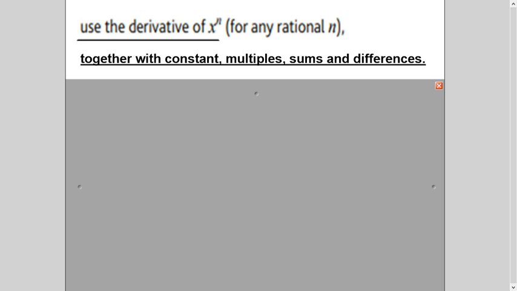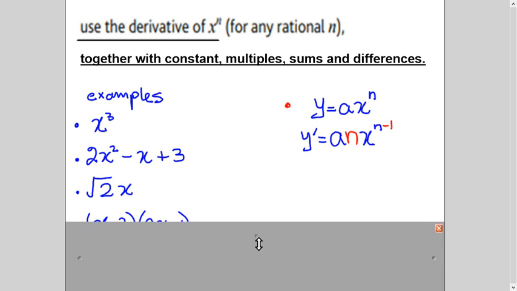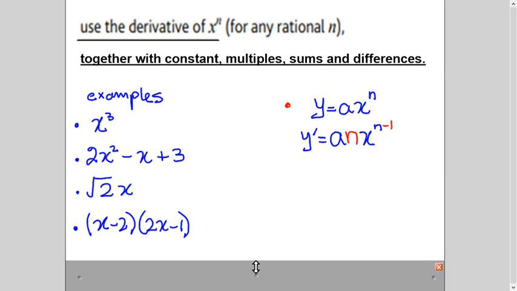The second thing is the use of the derivative of x power n together with constant multiples, sums, and differences. What does it mean? Here n is any rational power. These are a few examples, not all.